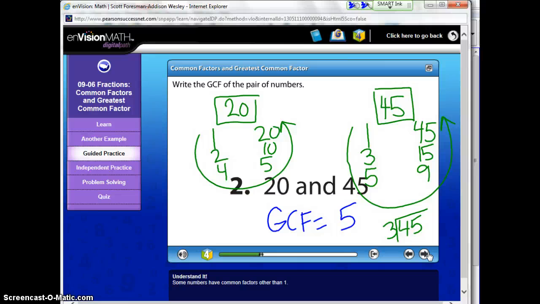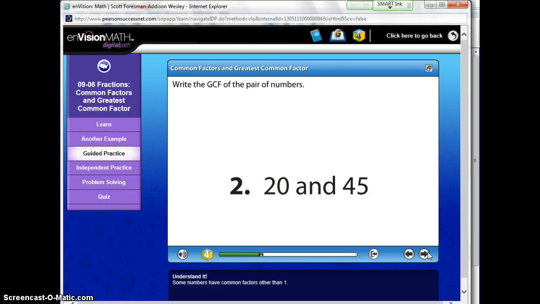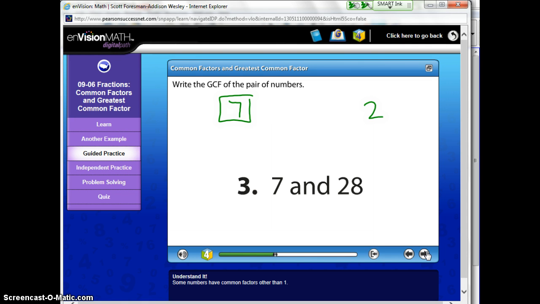Okay. I'd like you to go to a new screen. And I'm going to actually pause the smartboard as I give you the next one. So those of us who are working, if you're working at home, we're going to do 7 and 28. I'll give you some time.